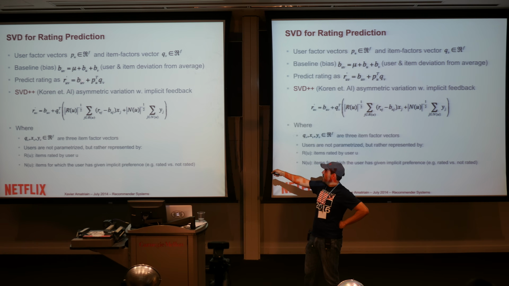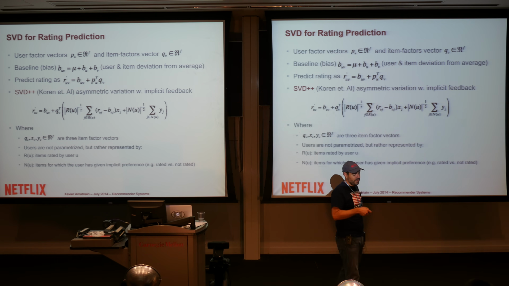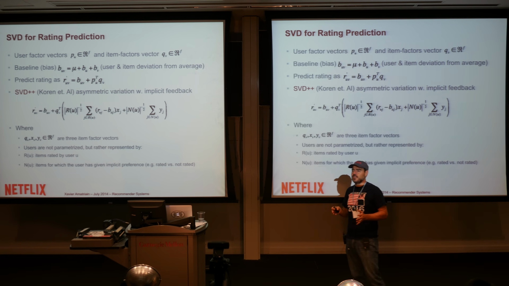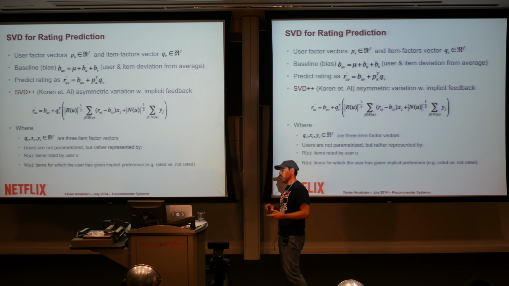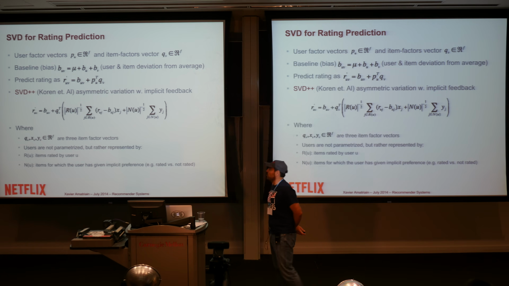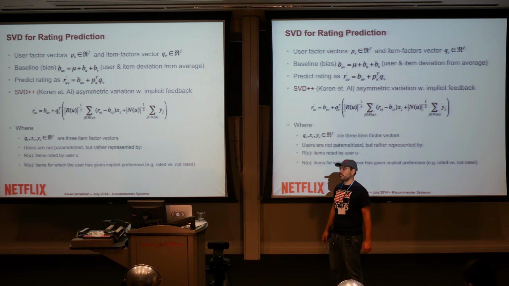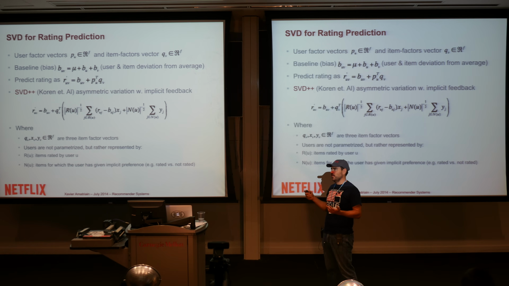And then we add the contribution of the user factors and the item factors, right? So it's the baseline, which is the average for both the user and the item, and then the multiplication of the user factors and the item factors. So that's going to give us our prediction. And this is the basic formulation of the factor model we're going to be using for collaborative filtering.